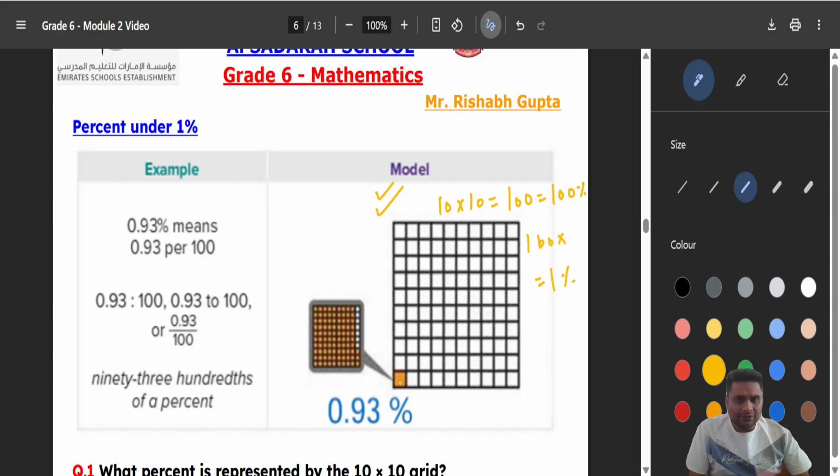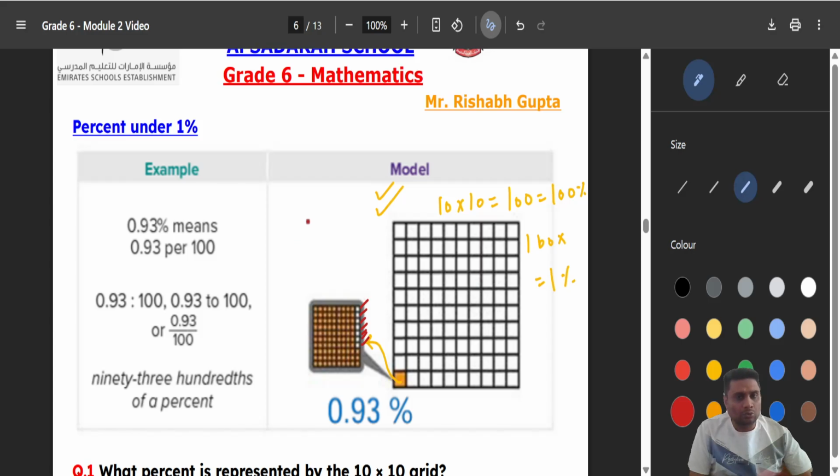So check here. This box, they have enlarged it here. Now in this box, some of the boxes are not filled, correct? If you count it carefully, you will see here 1, 2, 3, 4, 5, 6, 7. 7 boxes are not colored, the rest of the 93 are colored.